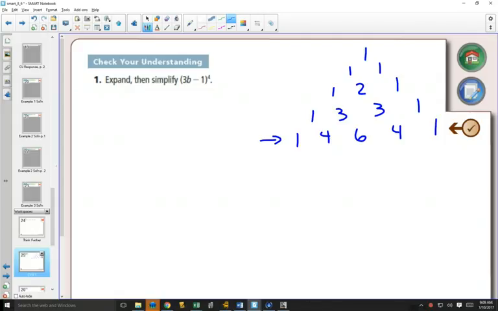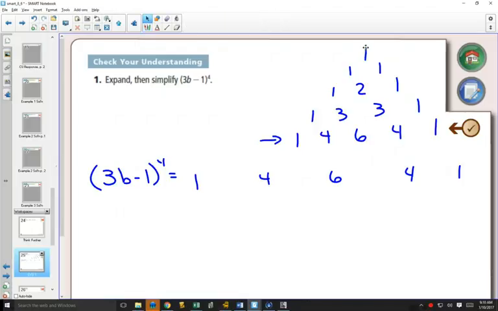So when expanding this completely, 3b minus 1 to the 4 is going to equal, I know that I'm going to have 1, 4, 6, 4, 1 as my coefficients. What patterns did we notice with the variables? We had A and B. A is our first one and B is our second one.